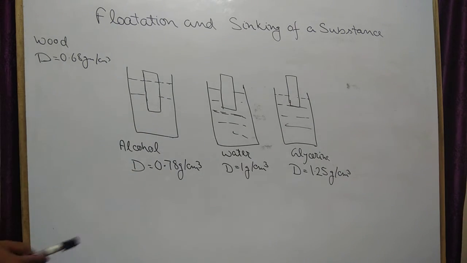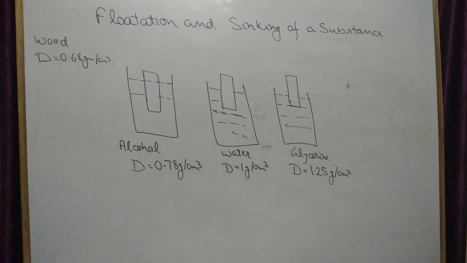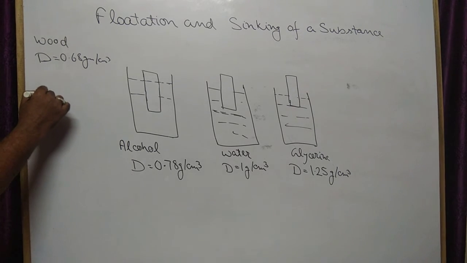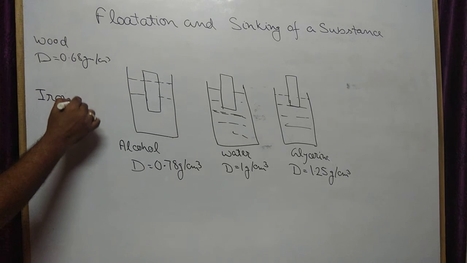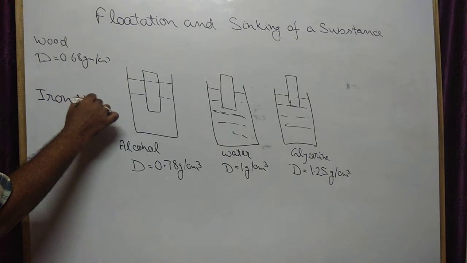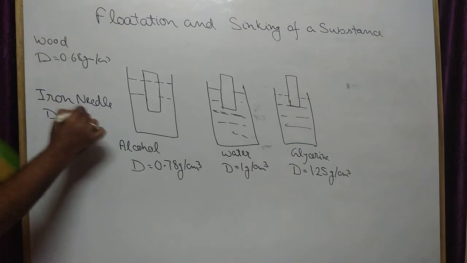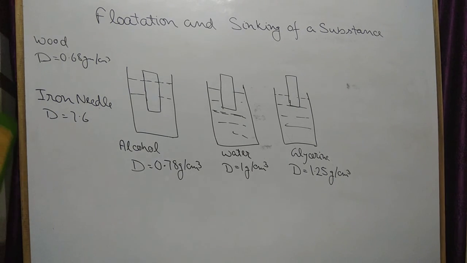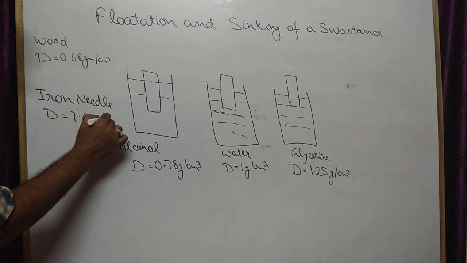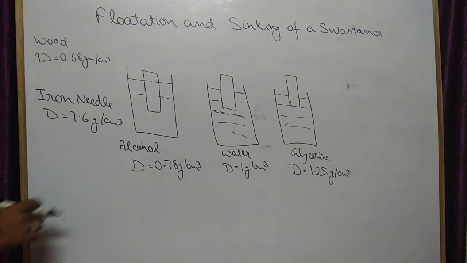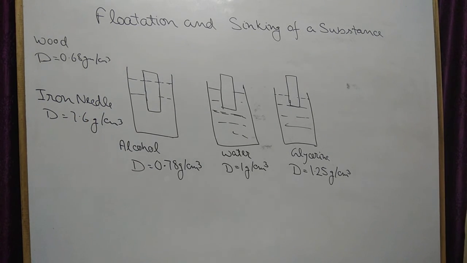But in case of an iron needle, density is more, because the iron needle is more compact, more solid, so its density is about 7.6 gram per centimeter cube. So the iron needle will sink, but the ship will float on water. So this is the concept of floating and sinking in a liquid.